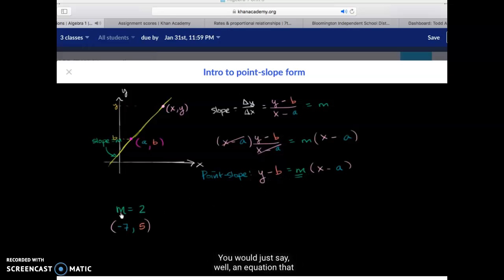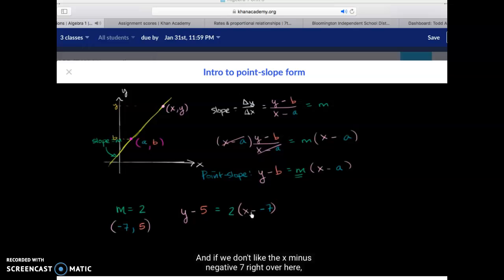You would just say, well, an equation that contains this point and has this slope would be y minus b, which is 5, y minus the y coordinate of the point that this line contains, is equal to my slope times x minus the x coordinate that this line contains. So x minus -7. And just like that, we have written an equation that has Keep a slope listening of for 2 just a and that second. contains this point right over here.